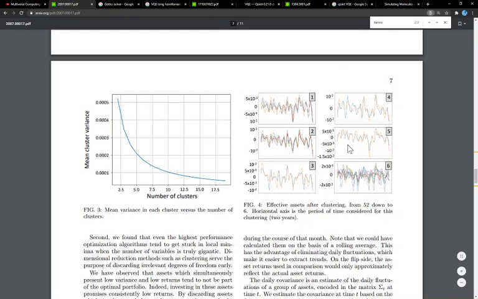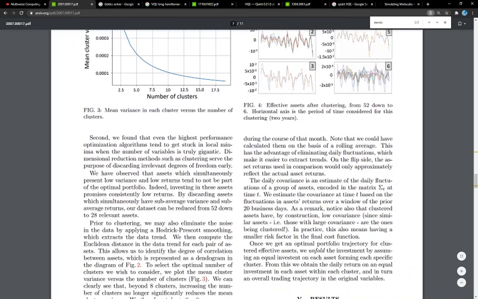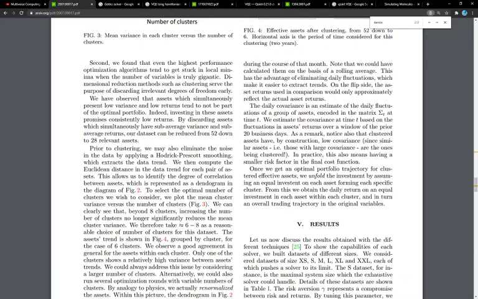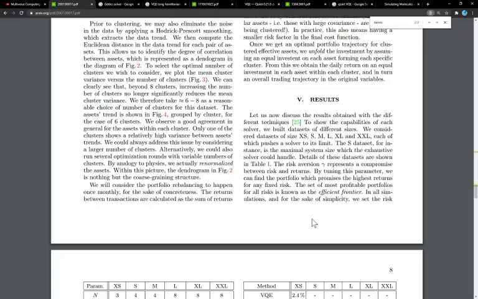But haven't they used these for all the algorithms, or is it just like once we get the optimal portfolio trajectory for clustered effective assets, we unfold the investment by assuming an equal investment on each asset forming each specific cluster. Okay, cool, fine.